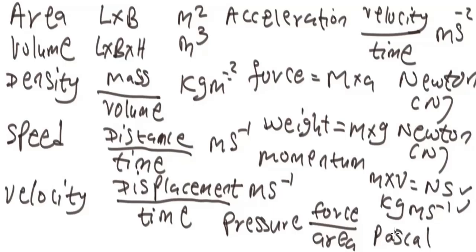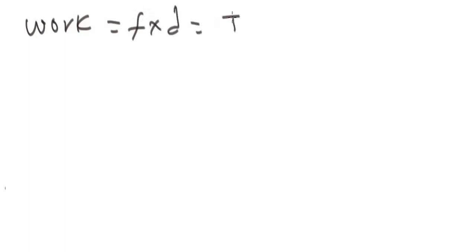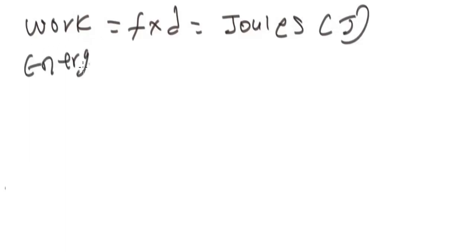Okay, so let's look at a few more examples. We also have work, which is calculated using force times distance, and its unit is joules. We also have energy. There are various ways you can calculate energy.